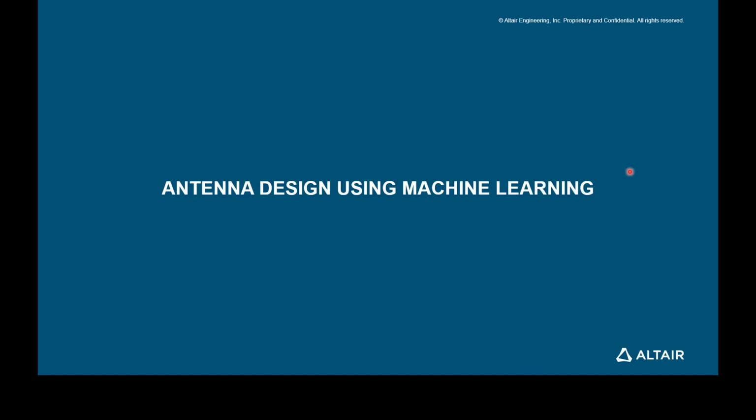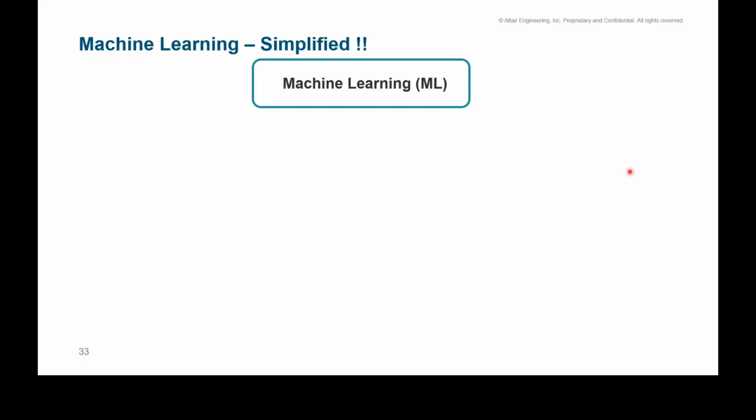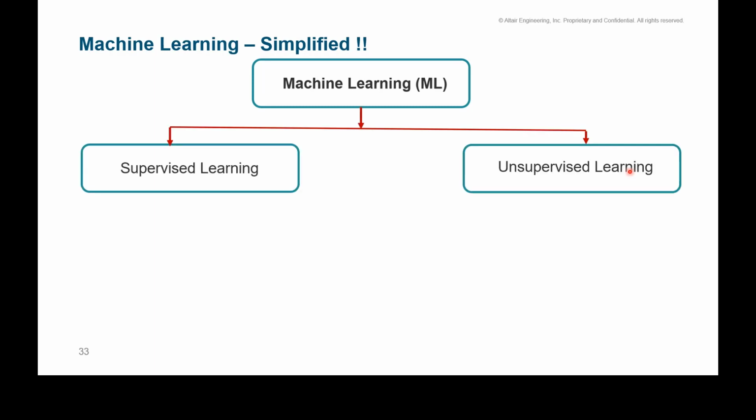Coming to machine learning, this, as most of you know, has become a buzzword in every discipline across the board, no matter where you go. So this is my one slide of my own education, also education for the attendees: what is machine learning? Typically, when we go to machine learning, they call it supervised learning and unsupervised learning.